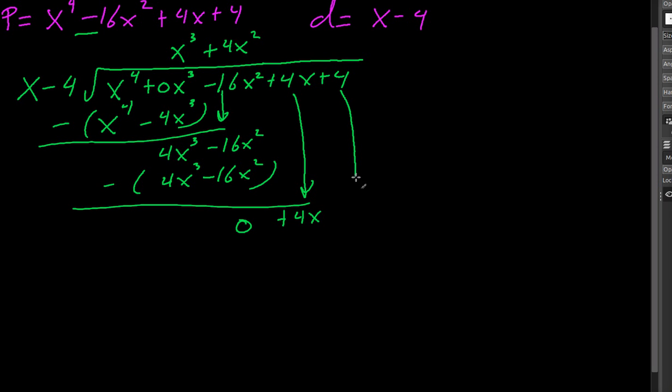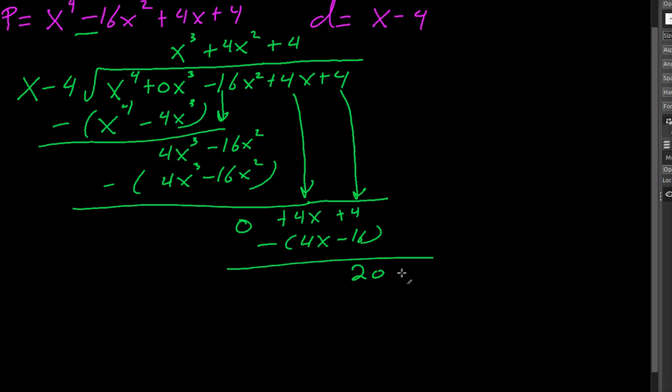4x, I actually have to bring down both terms this time because I ran out of terms. So let's see what I get. What do I need to multiply x by to get 4x? I need to multiply it by 4. So I get 4x minus 16. I subtract. That goes to 0, and this is going to go to 20. So you can call this r of x if you want.